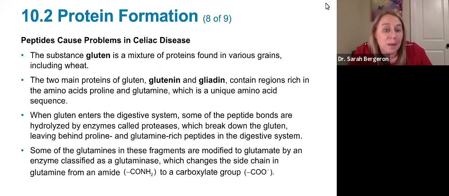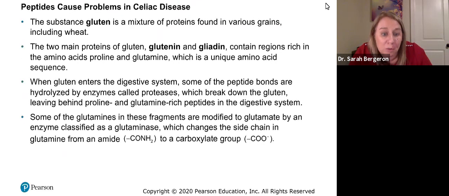And so sometimes the glutamine inside of these peptides is modified to glutamate by an enzyme called glutaminase. And it changes that side chain in the glutamine from an amide into a carboxylic group.